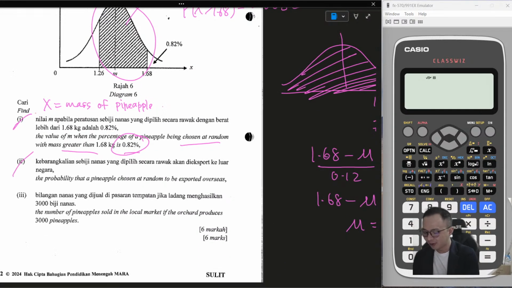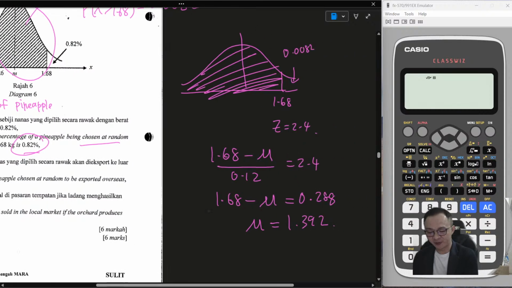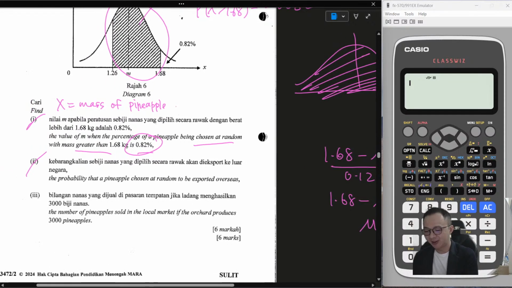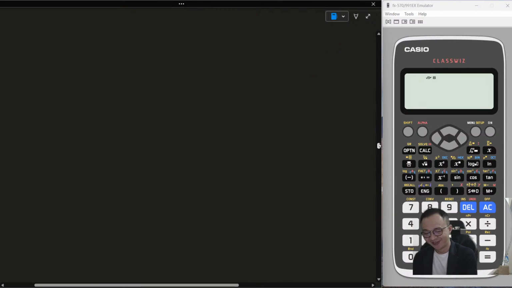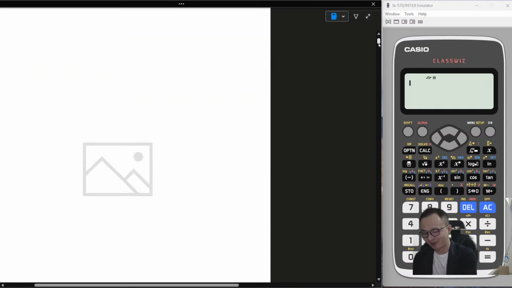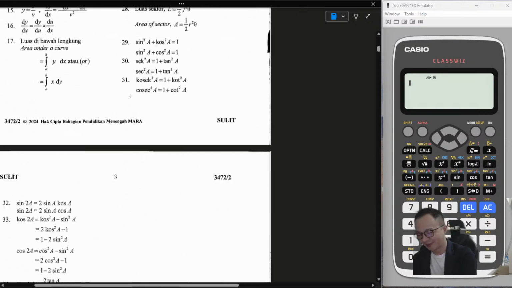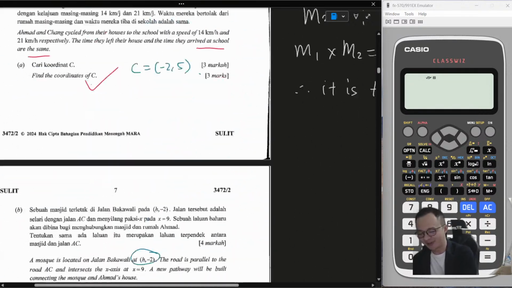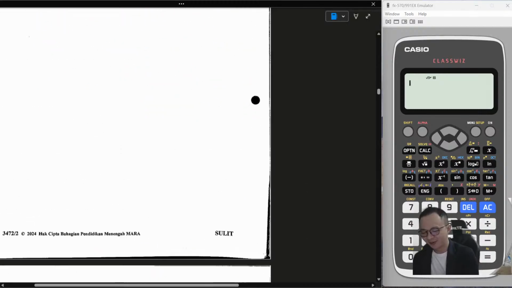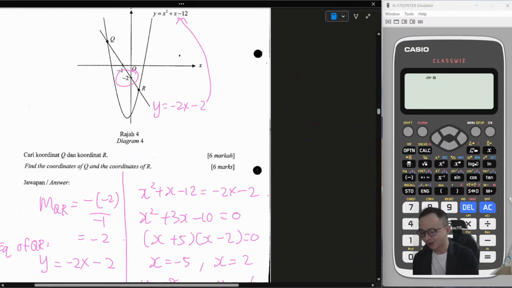Part 2. So they want to know how to find the value of 2.4. Wait, does this paper provide me the table? No table is given here. If I use a calculator, I just go to the inverse normal.